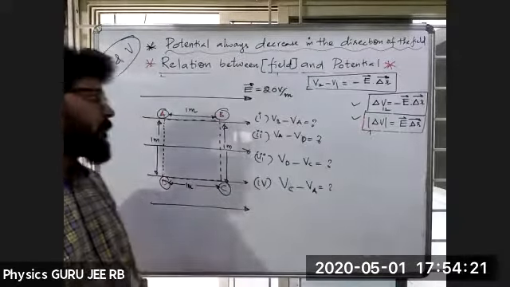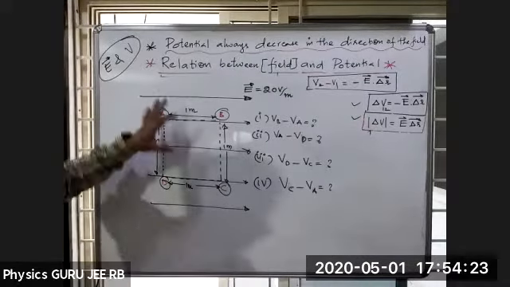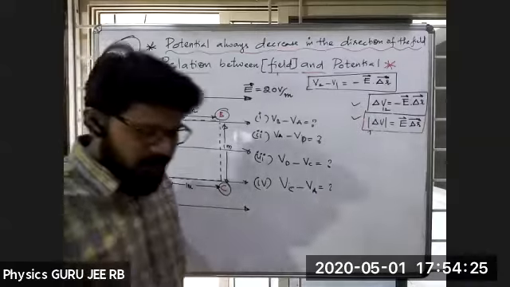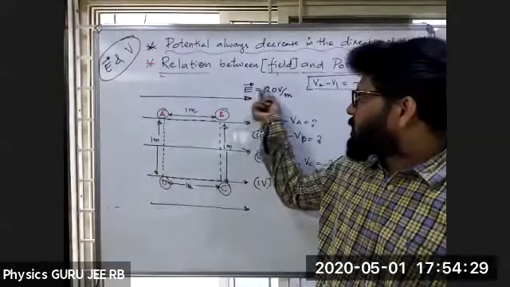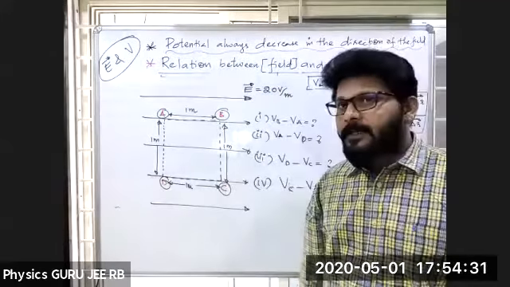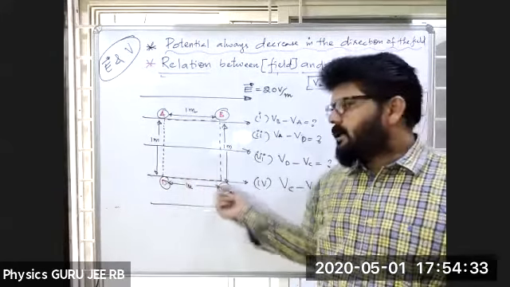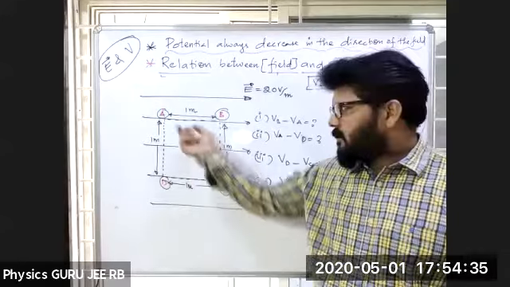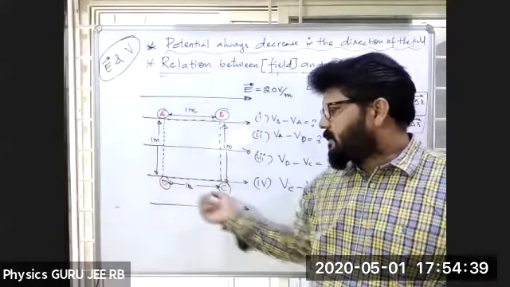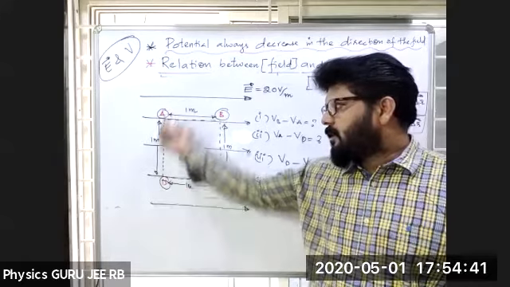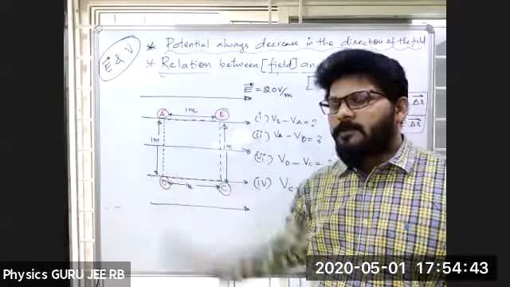Everybody, now see here. There is an electric field of intensity 20 volts per meter given. A, B, C, D points are there. In the electric field, the distance between AB or BC or CD or AD, all are equal, 1 meter.